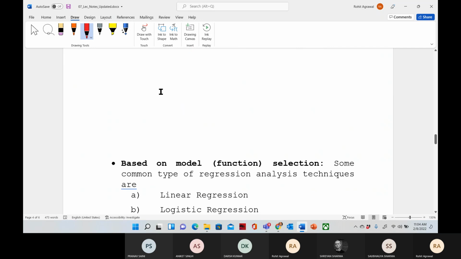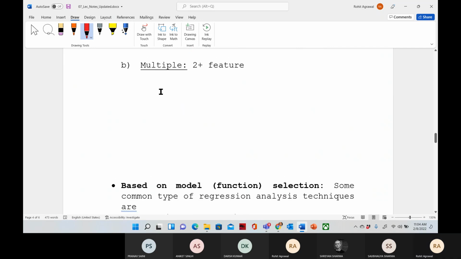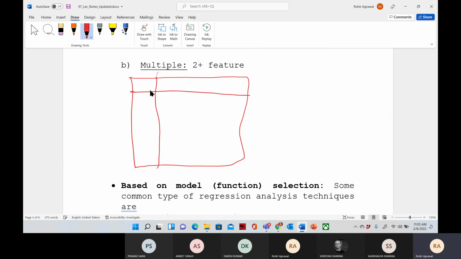Now the same question. We have square feet area, and we can have other data like carpet area, and also built-up area.